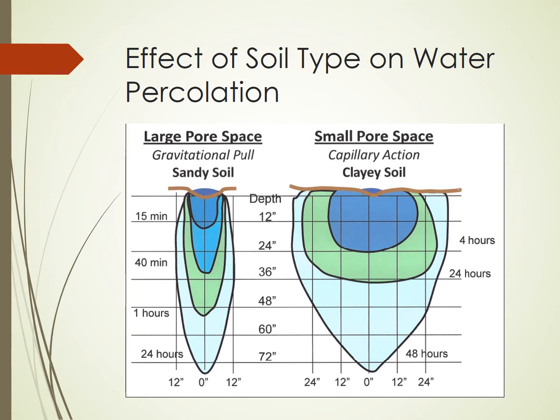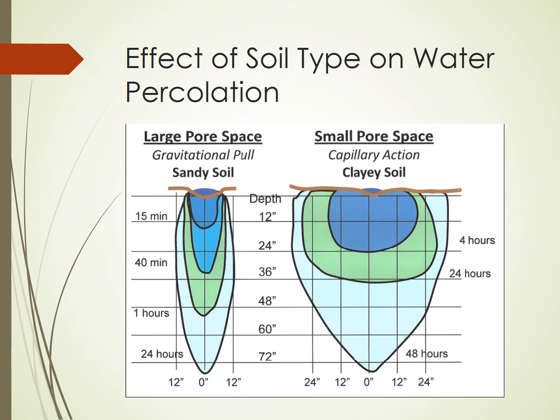If we look at the soil type on the left, you're looking at a sandy soil, and if that soil were saturated and then allowed to drain, after 15 minutes of time, the water would have drained down to the 12-inch depth. A little over 40 minutes, you're down to the 36-inch depth, and within an hour that water would have percolated all the way down to 60 inches or more of depth.